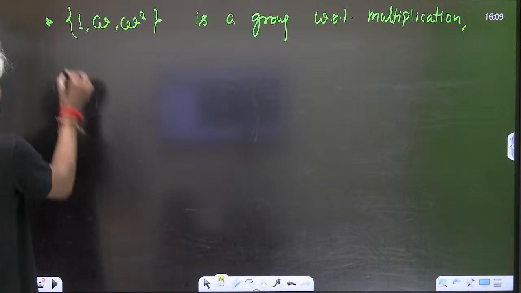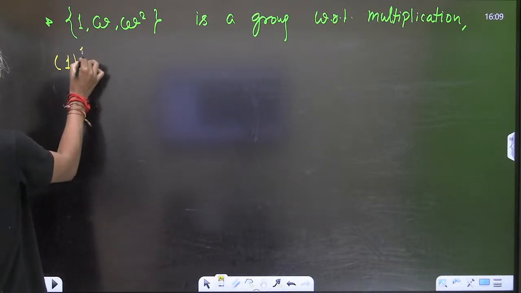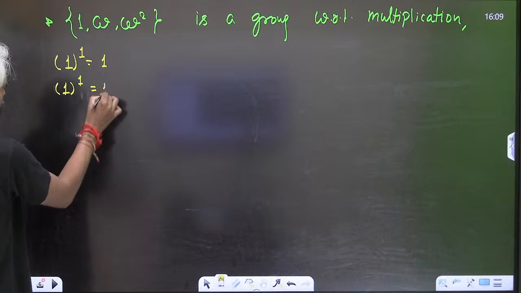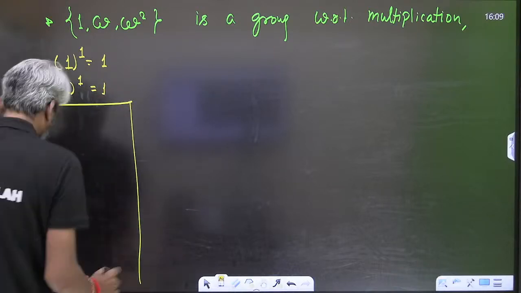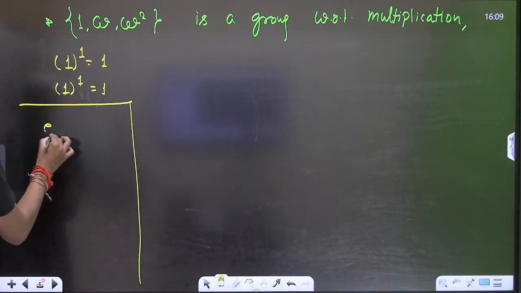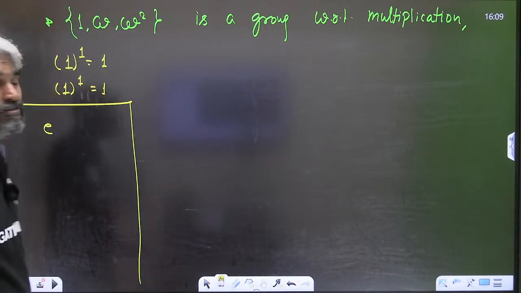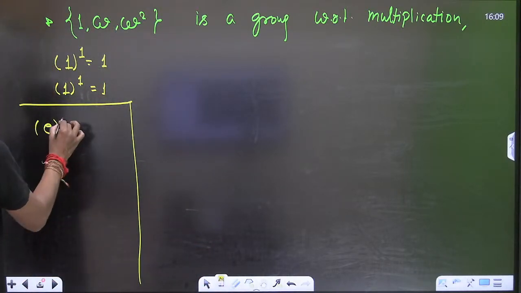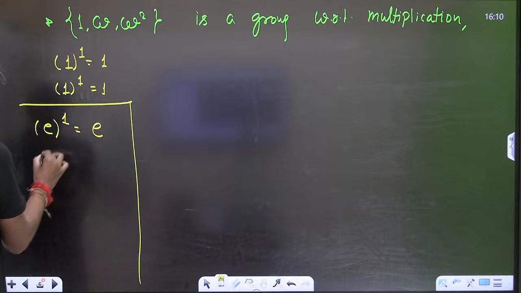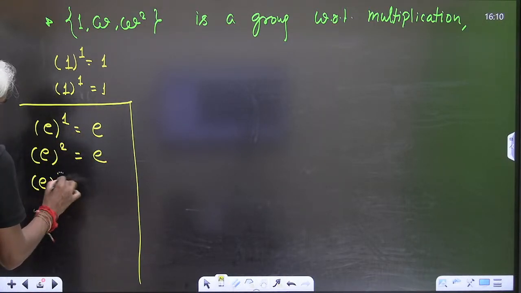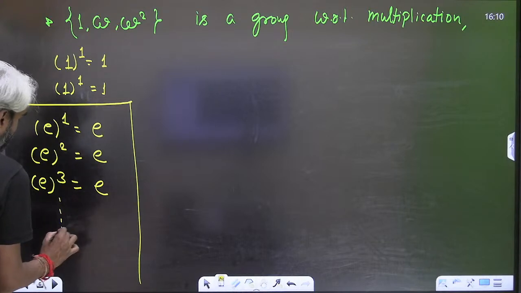One raised to the power 1 will be 1. No matter how many times we raise the power of 1, it will remain 1. If we have the identity element, no matter how many times we perform the operation of the identity element with itself, it will remain the identity element. So e raised to the power 1, 2, 3 are all equal to e, and so on.